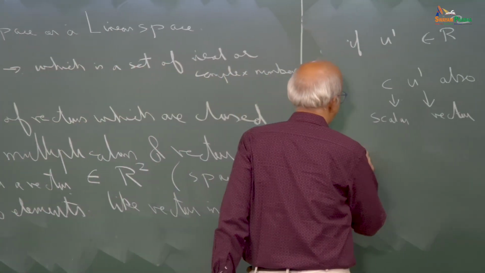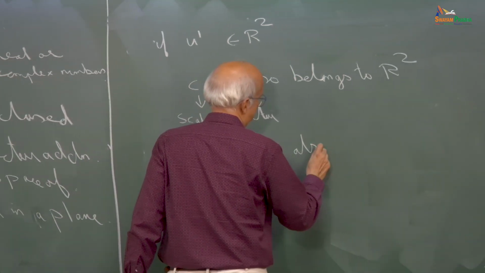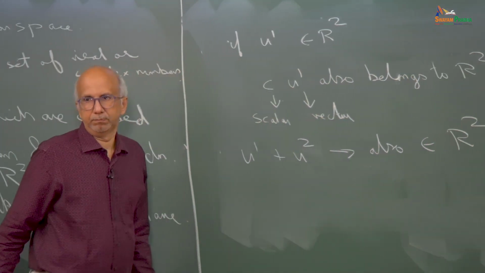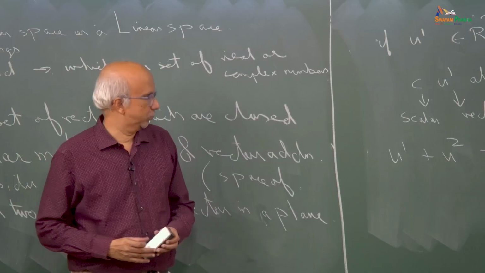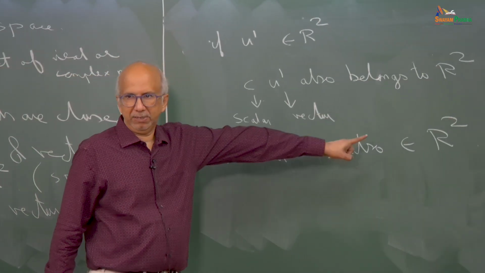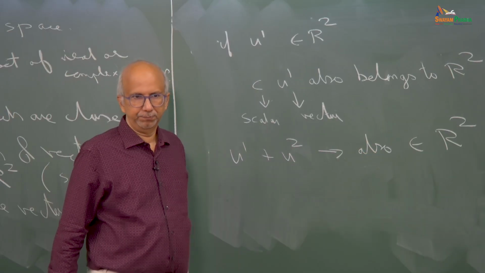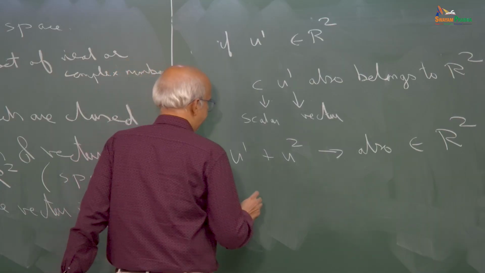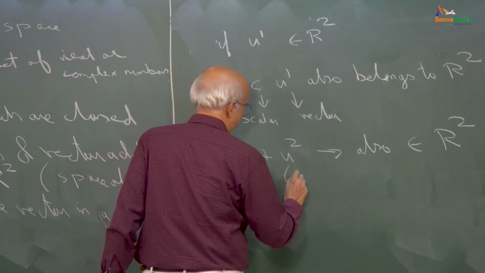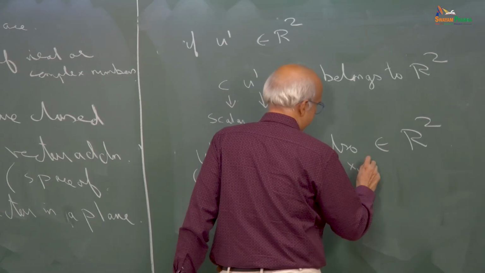Similarly, U1 and U2 also belong to R2. This has two elements, x1, y1, this has x2, y2, I add, I get x1 plus x2, y1 plus y2, again it has two elements.